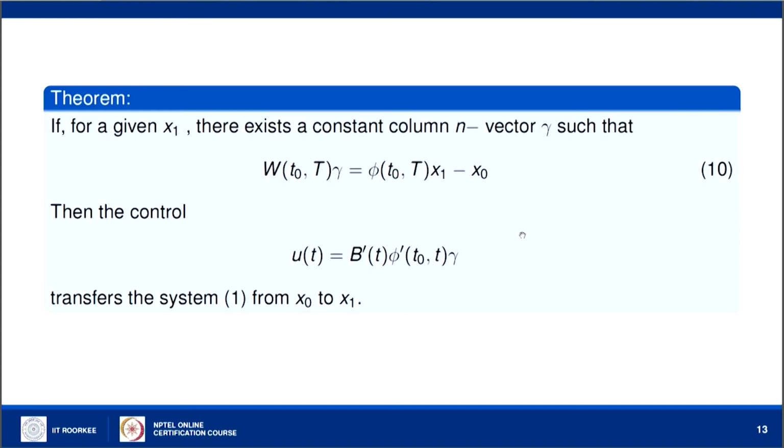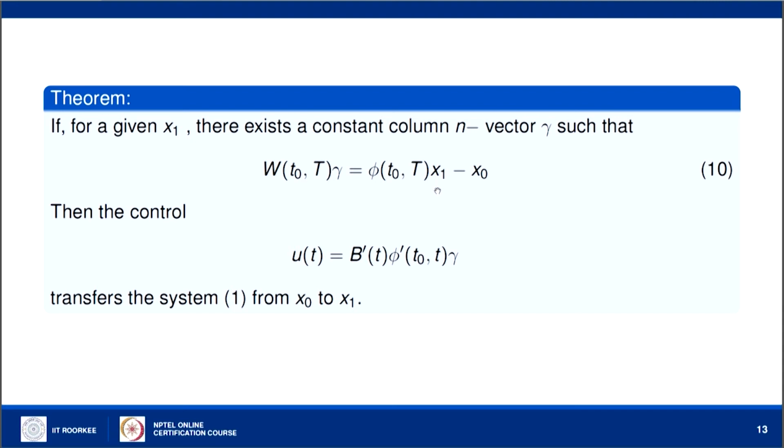Now we will see whether, if the system is not controllable, that is, if the controllability Gramian is singular, it is possible to find a control similar to equation 6 that steers the system from the initial condition x naught to the final condition x1.